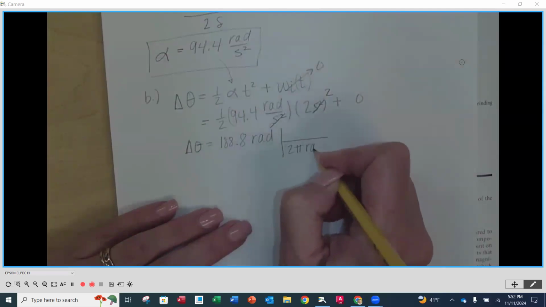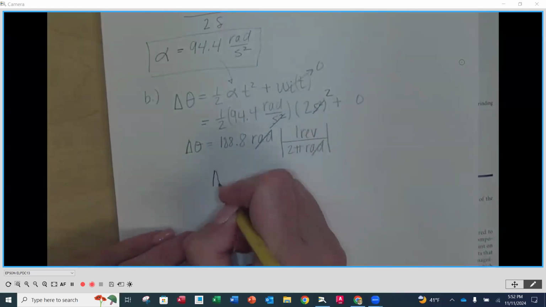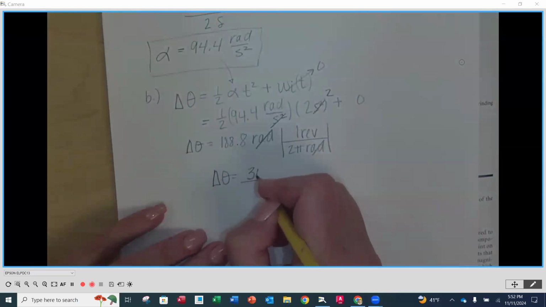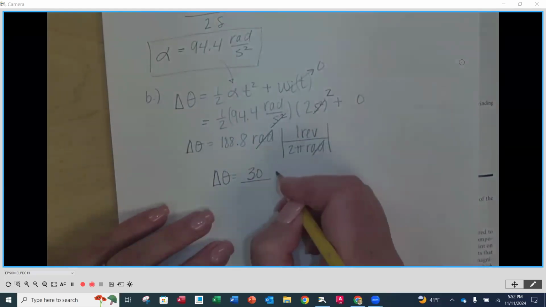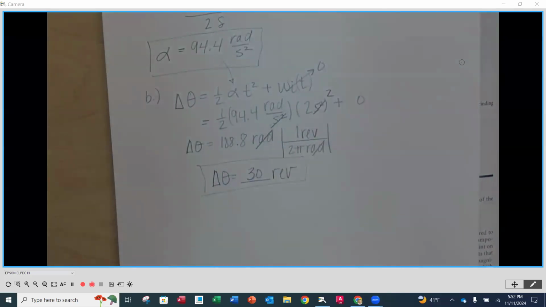So we're going to go 2 pi radians in 1 revolution. Okay, radians cancel out. So our change in angular displacement is going to be 30 revolutions. Did you guys get that same value? Or very close to it? Okay.